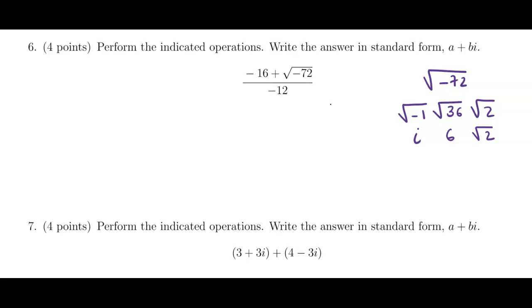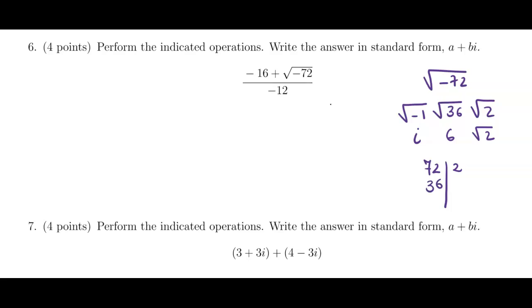Now, suppose you didn't figure out how to break down 72, what can you do? We can do the prime factorization of 72 as we learned. The first prime number dividing 72 is 2, so you get 36.